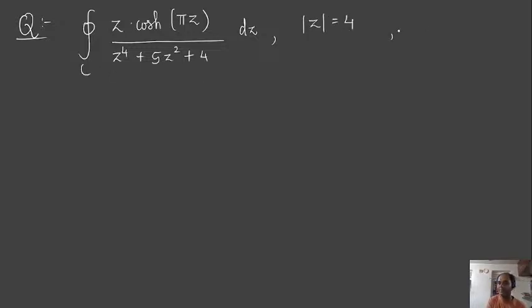See, you have to use it; your answer in this case will be minus 4 pi I by 3. This is the answer. There are several questions on this that you can try.